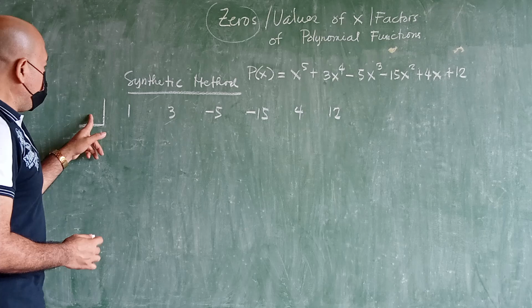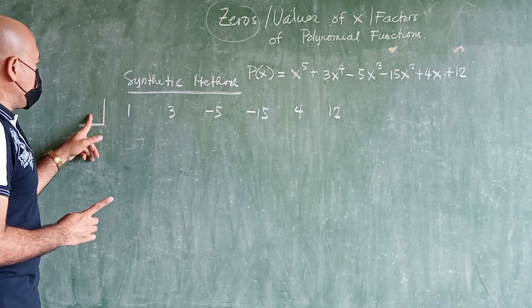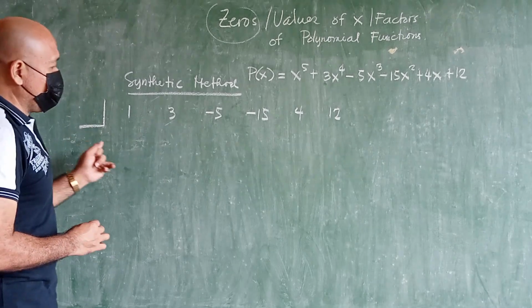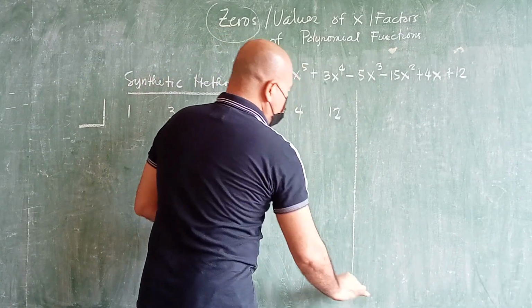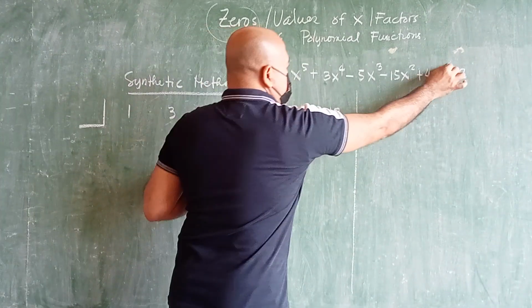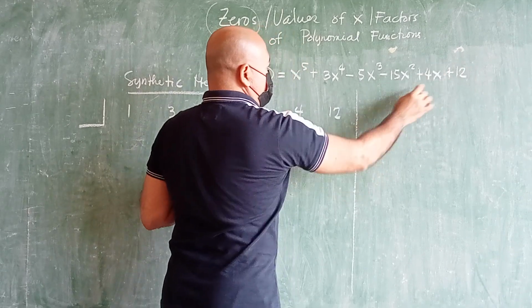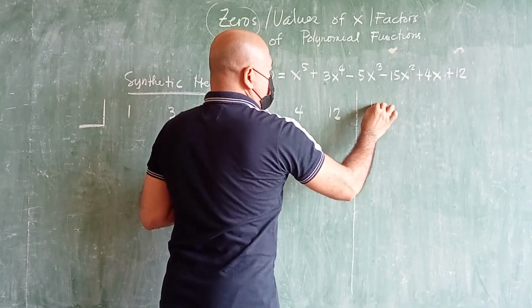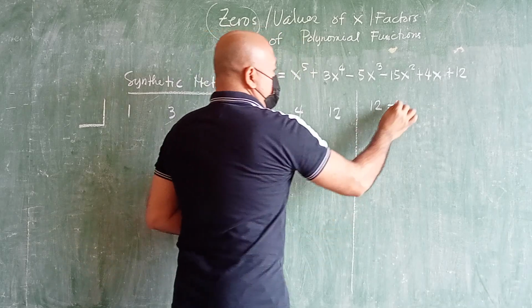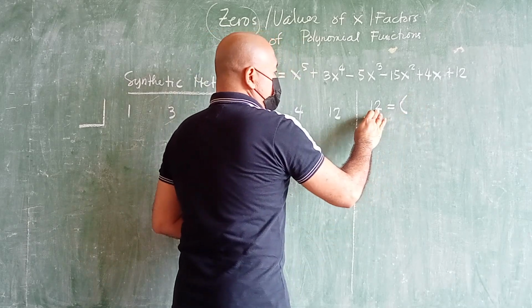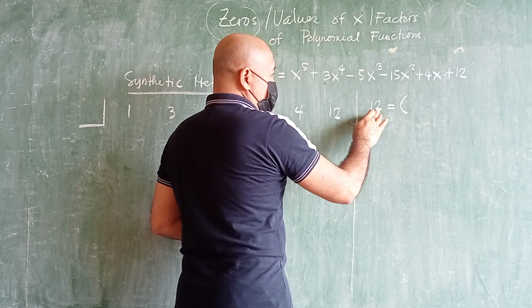Since we need a certain integer as synthetic divisor, for the last digit, which is the constant part, it is positive 12. What we're going to do is to get all the possible factors of 12.